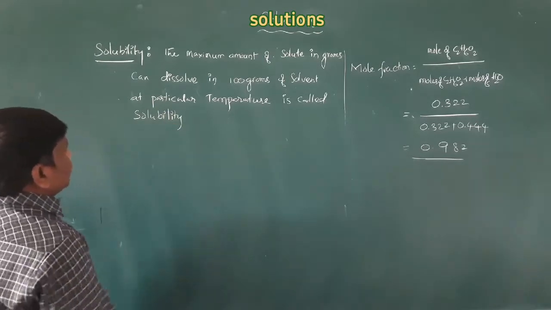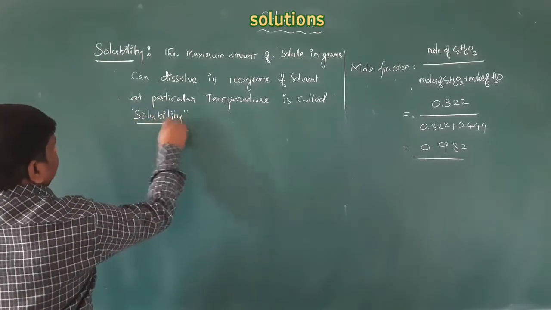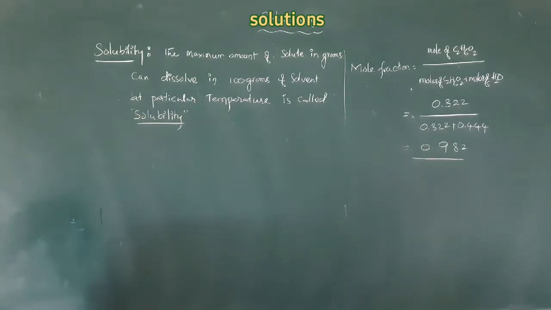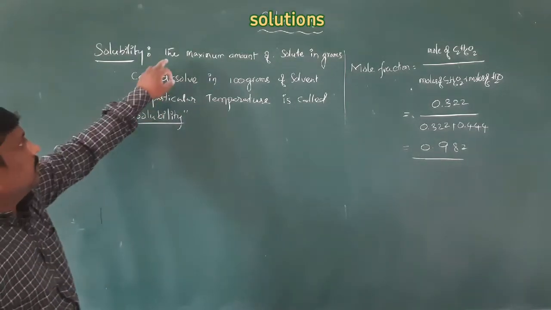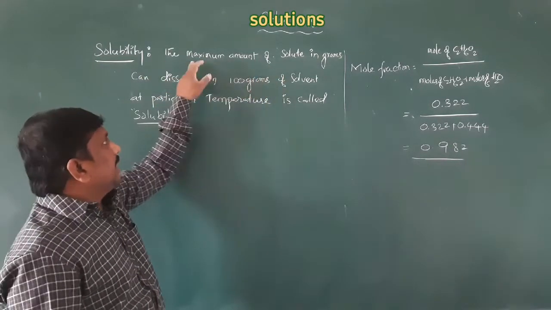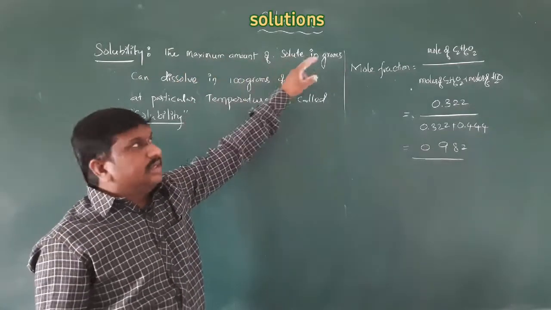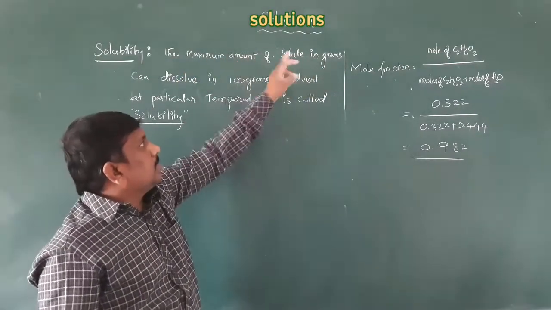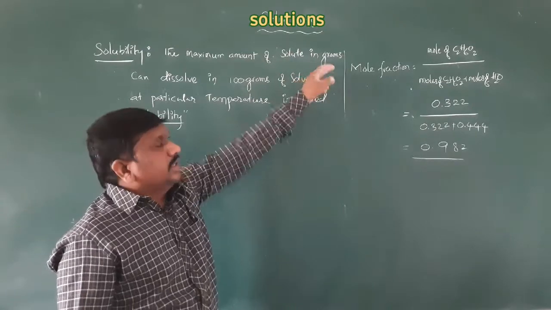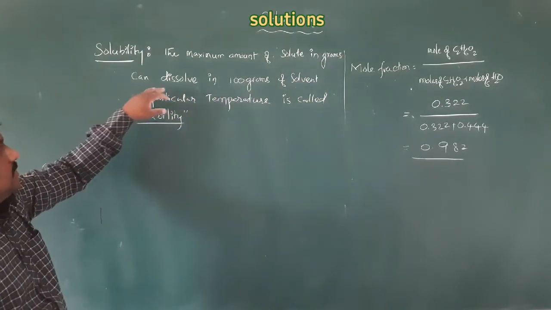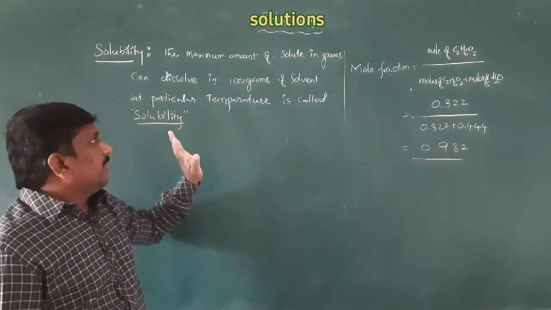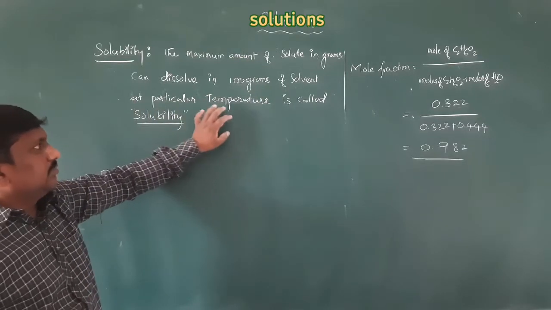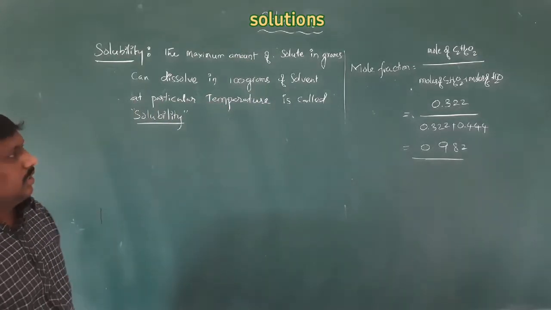What is the definition of solubility? The maximum amount of solute in grams that can dissolve in 100 grams of solvent at a particular temperature is called solubility.